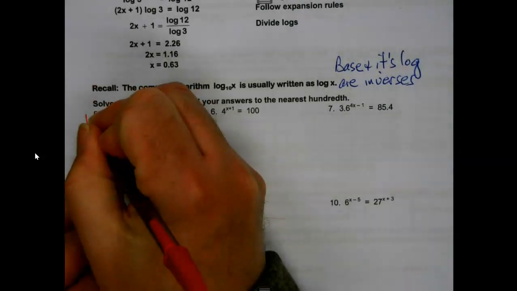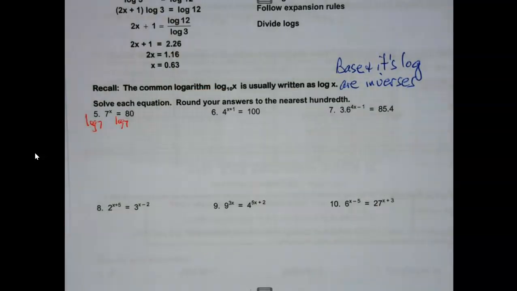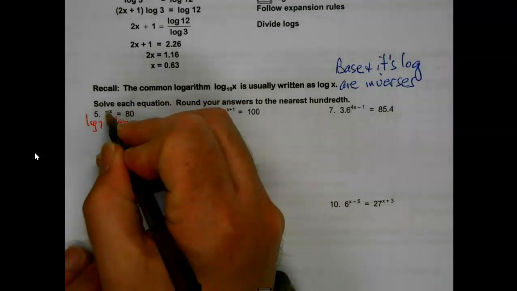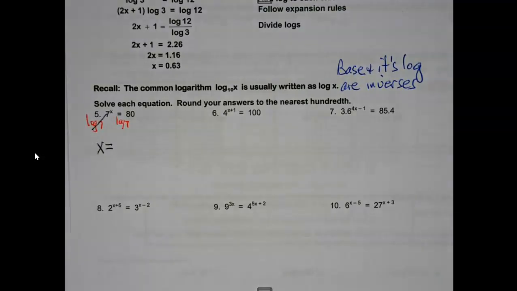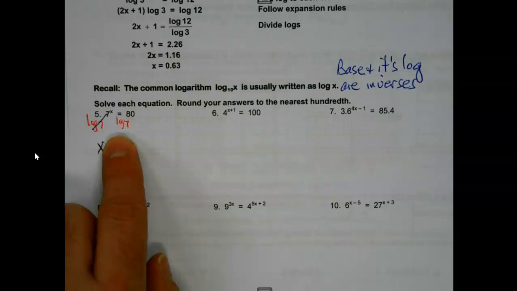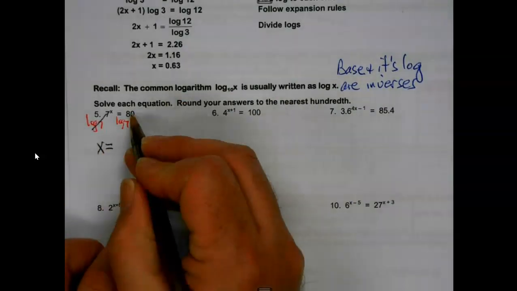So what we're going to do is take both sides to log base 7, because hopefully at this point we know that that would zap that out and just leave me with x, which is what I wanted anyway. And here, this is a change of base because I have log base 7 of 80.